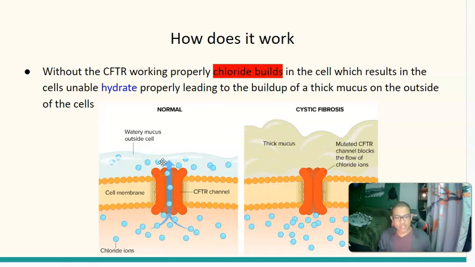Now, this water and mucus is always there, and because of the chloride ions, it stays thin and loose. But because of the mutation, you can see on the other side, without the chloride ions, that mucus becomes a lot thicker, because the protein channel has been mutated, so it doesn't allow proper passage of the chloride ions.